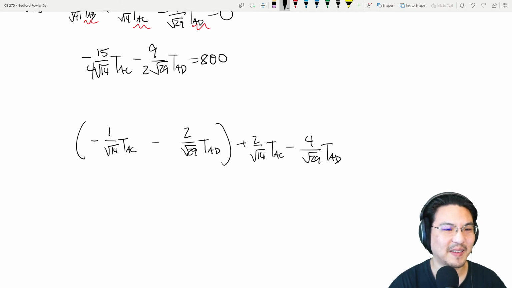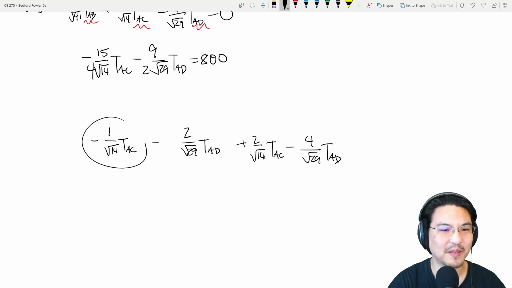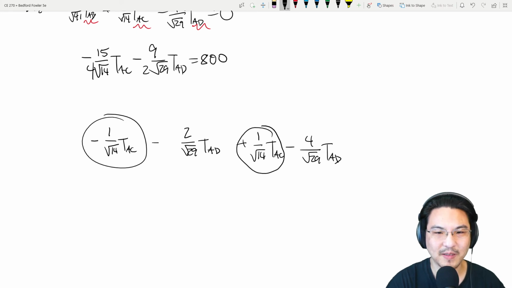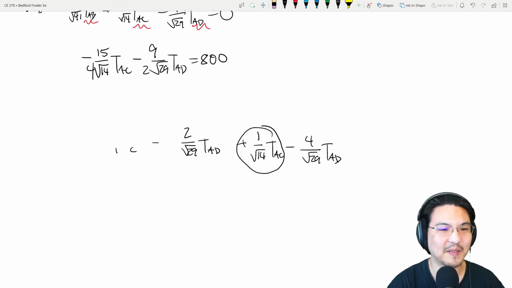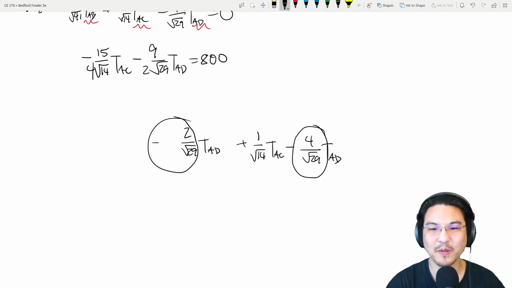And we can combine this and this, right? So 2 over root 14 minus 1 over root 14 is just like that. And then this is gone. And then here, negative 2 over root 29, negative 4 over root 29.